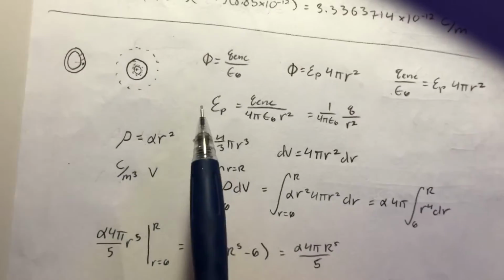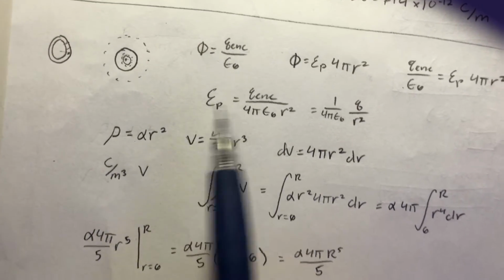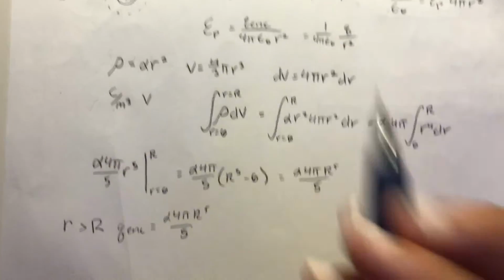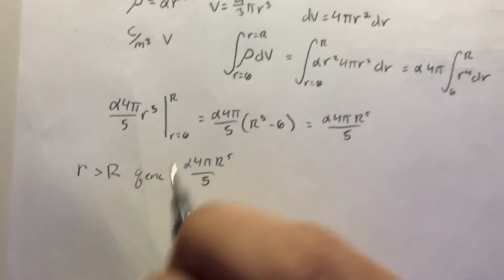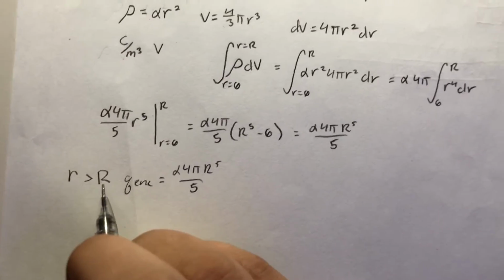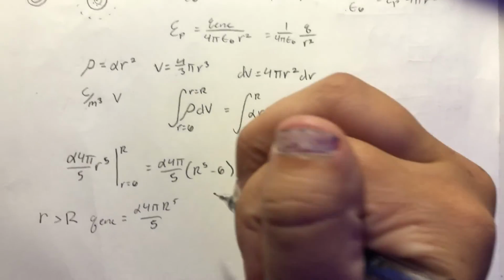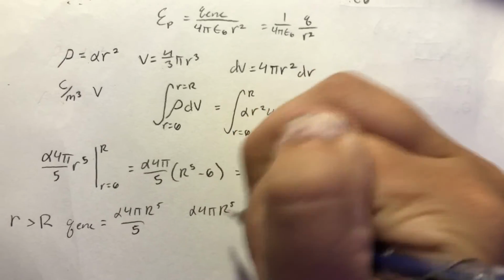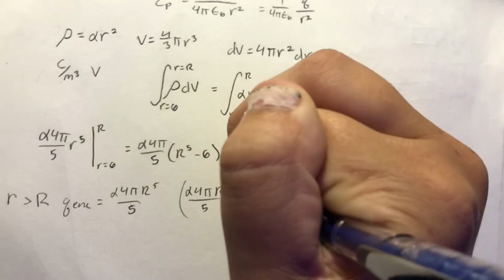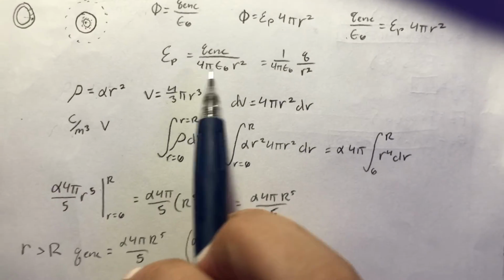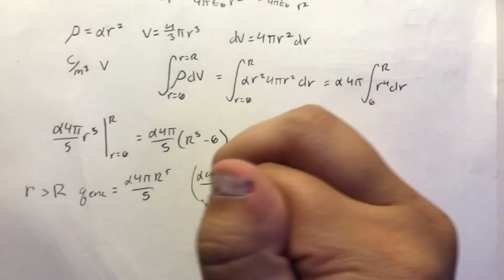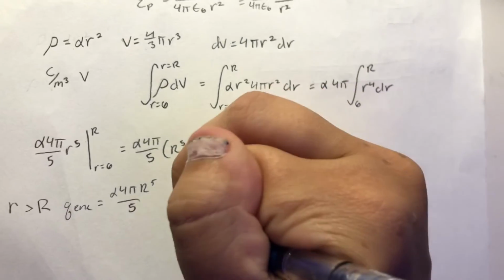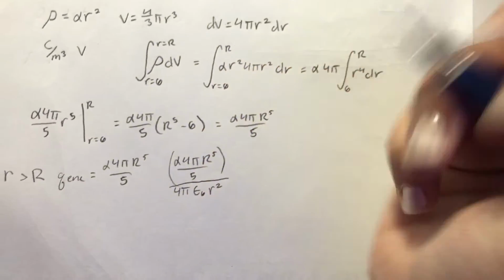So then if we go back to our original equation up here for our electric field at a point, we have this Q enclosed. And again, this is our Q enclosed when little r is greater than big R. And so that's going to be our alpha 4 pi big R to the 5th all over 5, divided by our 4 pi epsilon naught r squared.